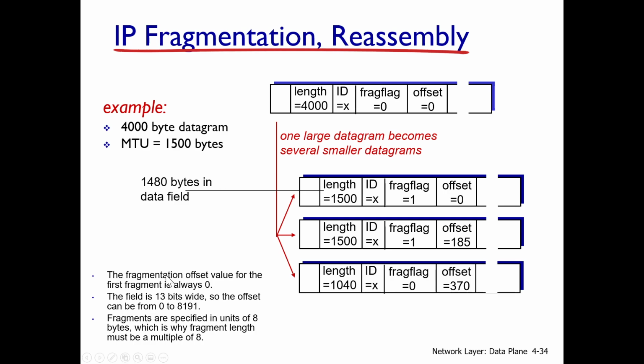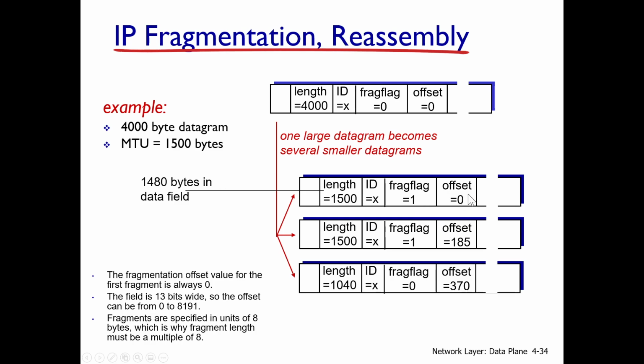Okay, how fragments work. The fragmentation offset value for the first fragment is always 0. These offsets show the position of the data. For example, because these packets are sent separately, maybe you receive the second packet before the first packet.